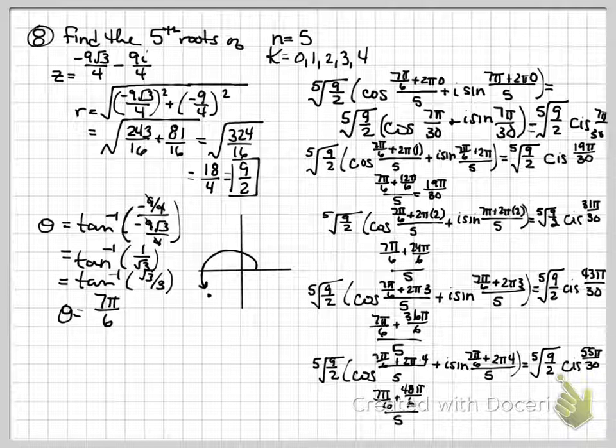And this one reduces. If you look, I can divide both by 5, and I get 11 pi over 6.